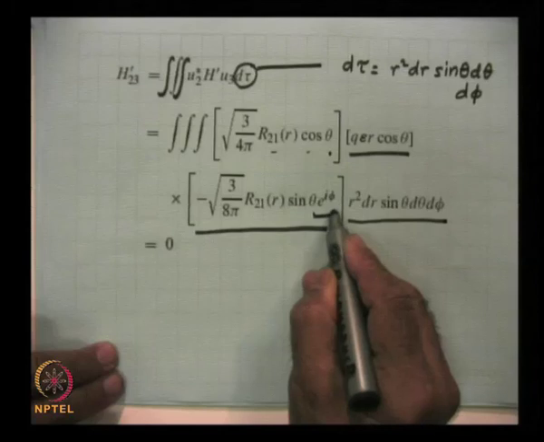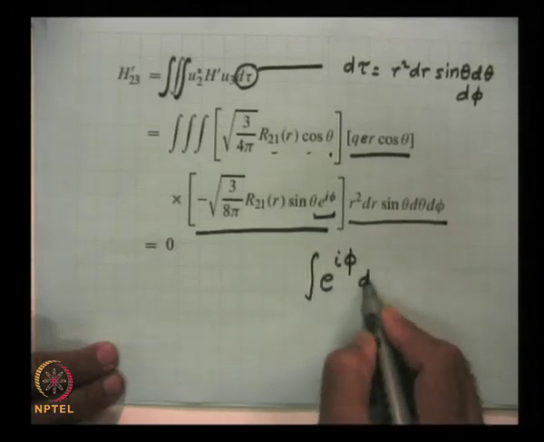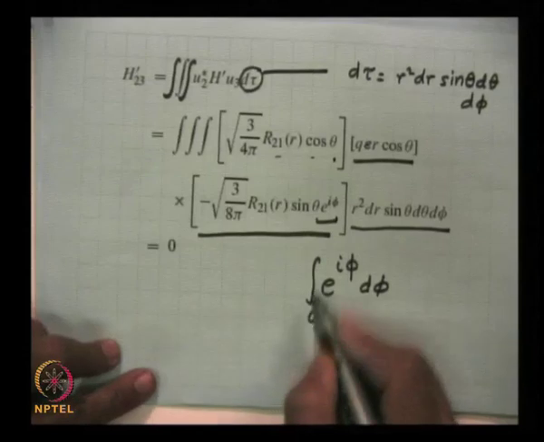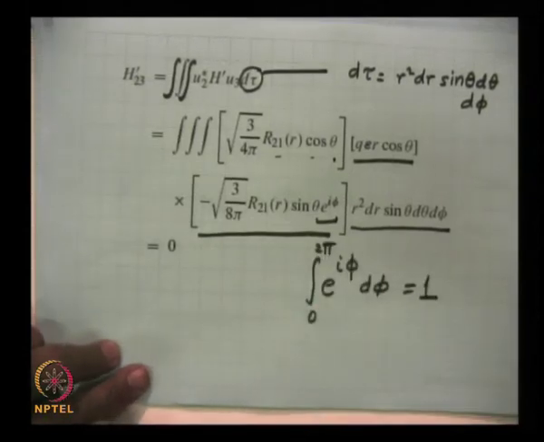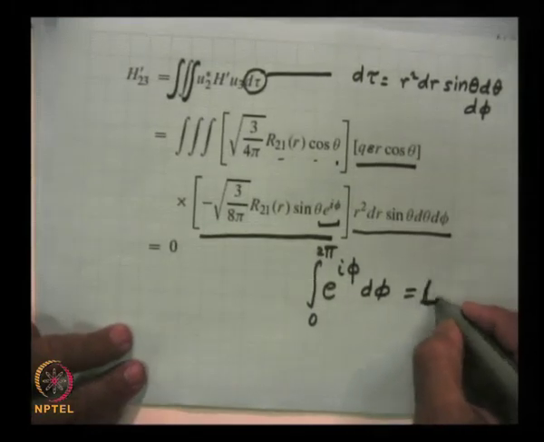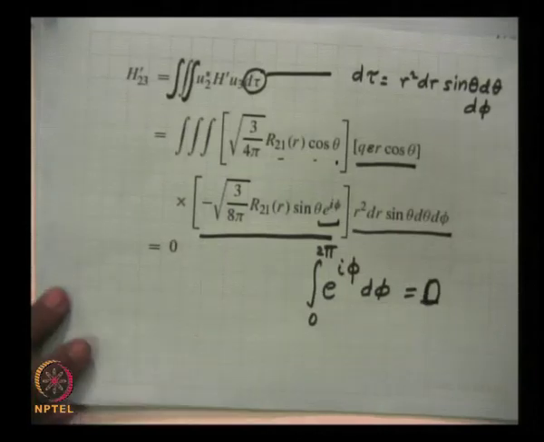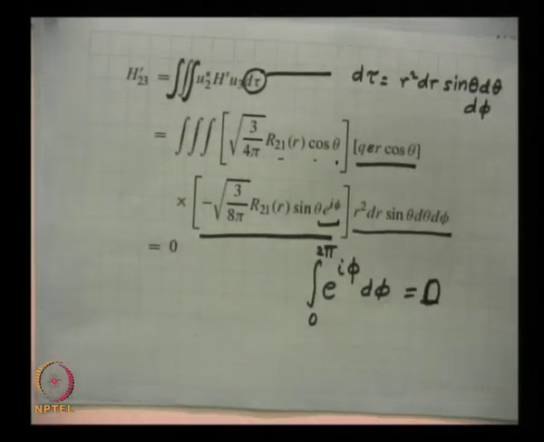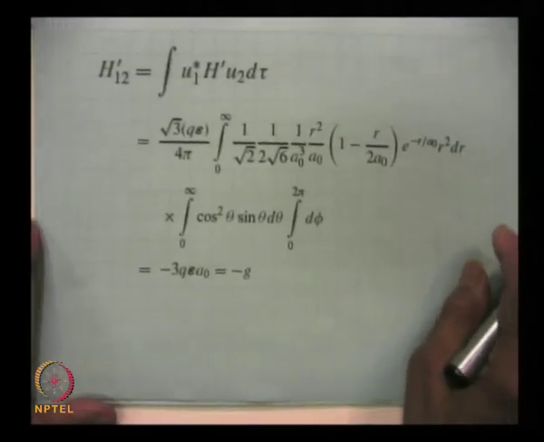Because of this term, e to the power of i phi d phi, this integral from 0 to 2 pi is just 0. I am sorry, this is 0. So, the total integral comes out to be 0. Similarly, the only non-vanishing integral is h prime 1 2.